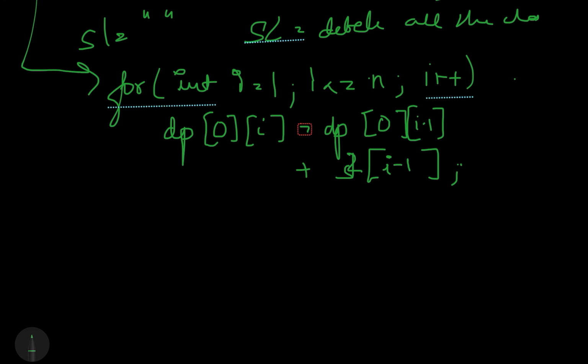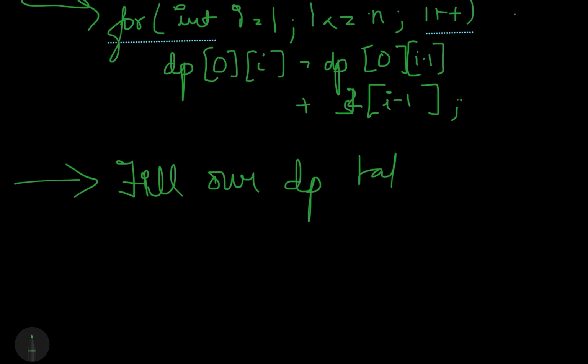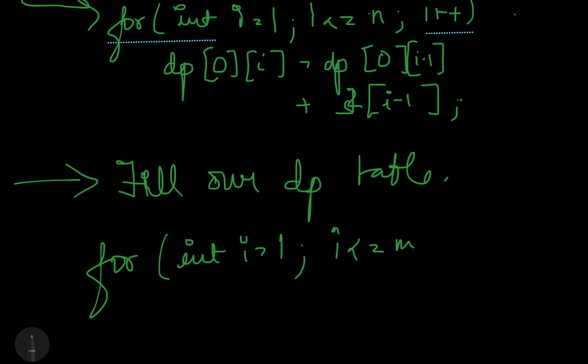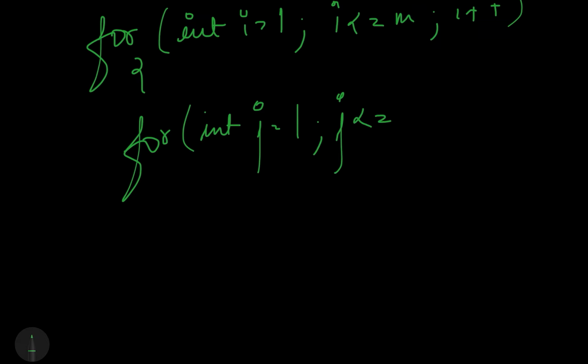Now let's see how we'll fill our DP table. For filling our DP table, we'll write for i equal to 1, i less than or equal to m, i plus plus, then for j equal to 1, j less than or equal to n, j plus plus.